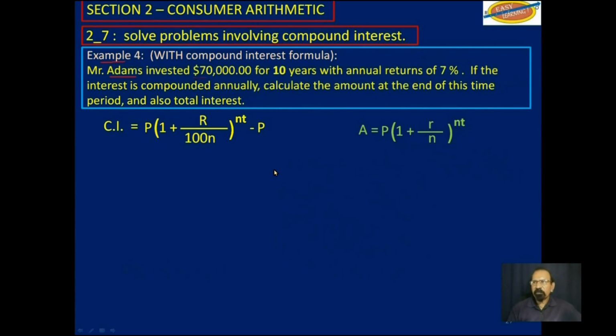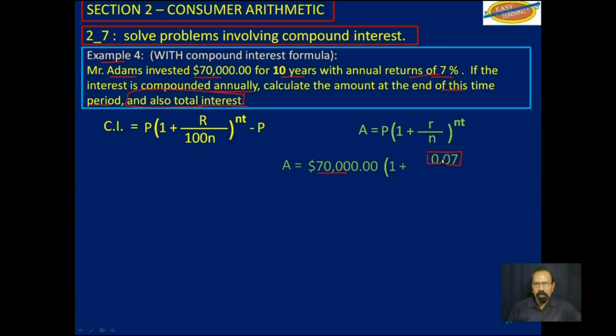Next question, example 4. Mr. Adams invested $70,000 for 10 years with an annual return of 7%. If the interest is compounded annually, once per year, calculate the amount at the end of this time and also the interest. Amount is equal to principal multiplied by 1 plus the rate as a decimal.